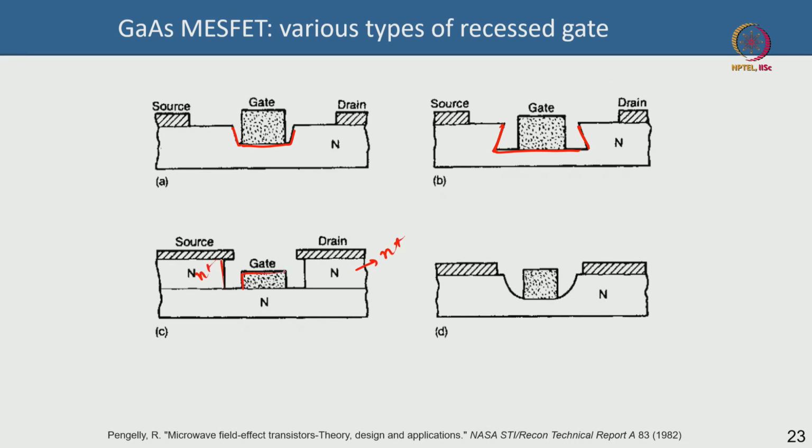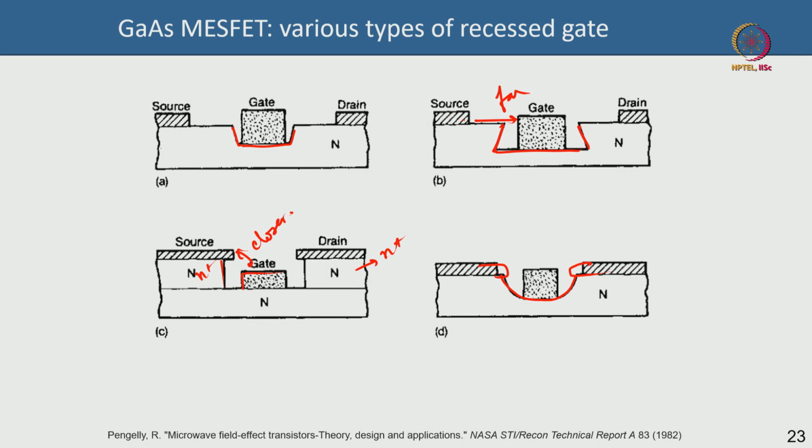Again the gate is sitting here, source and drain are here. You see here the source and drain are far away, right? Here the source and drain are a little closer, the pads. And this is more like a smooth edge profile, not an undercut, not an overcut. Again the metal can come here also as an overhang or whatever, but there are advantages and disadvantages to all of this. We shall come to that gradually.